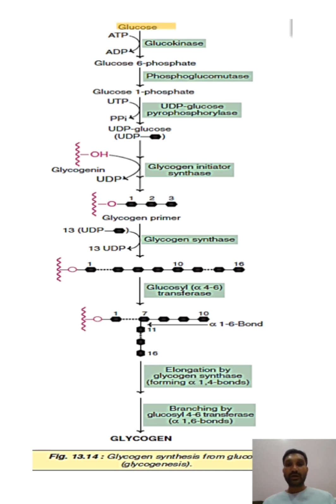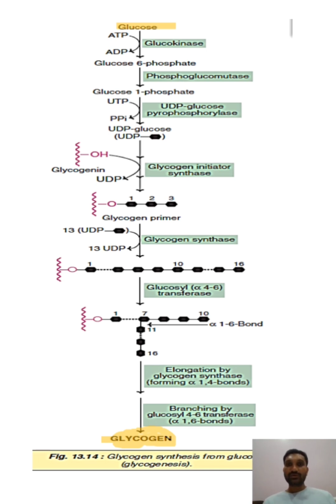From that glucose molecule, we are going to make glucose molecules joined together in a linear and branching pattern, and ultimately they form glycogen. So glycogen is a storage form of glucose. Glucose can be stored in our body, especially in animals, in the form of glycogen.